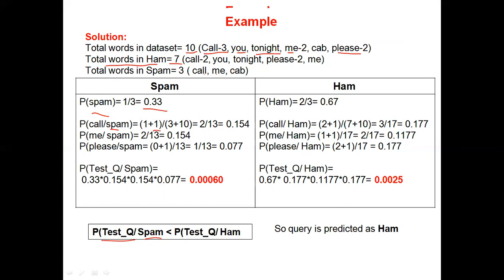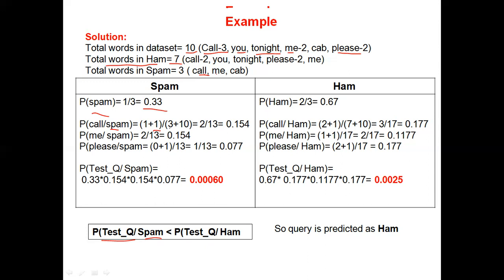So 1 plus 1. My call is occurring only once in the spam, and this extra 1 is to avoid the problem of losing the information. If it becomes 0 for some of the words, it will lose the information, because we use the product of all the probabilities in the Naive Bayes classifier, right?